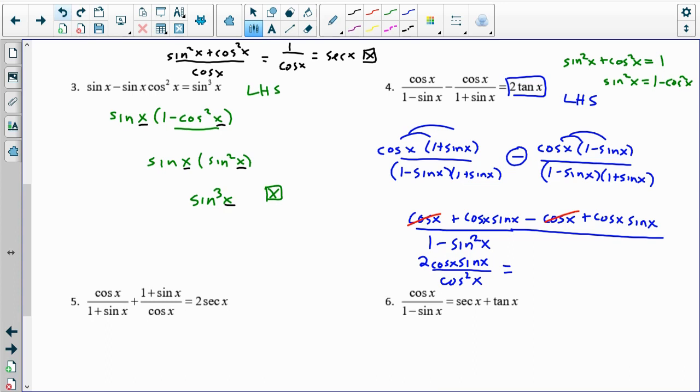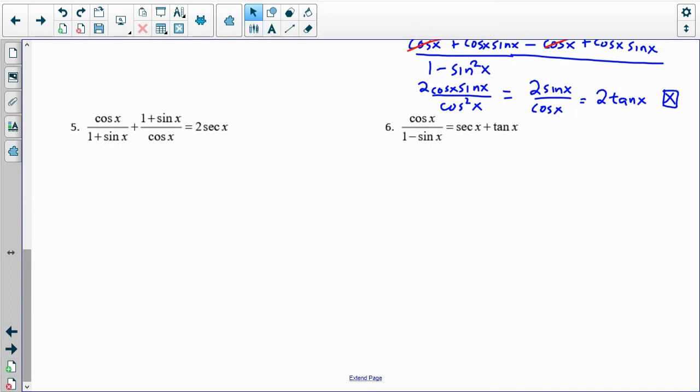Now notice I have a cosine in both the numerator and denominator, so one of those cosines ends up canceling. So I end up with 2 sine x, and then now there's only 1 cosine x in the denominator, and sine over cosine is tangent. And that ends up equaling exactly what the right-hand side is.